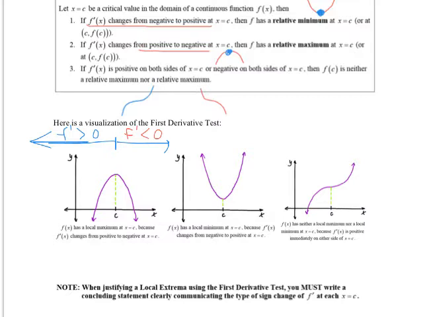We get the same scenario here, where on one side f prime is negative, our function is decreasing, and on the other side our function is increasing. So we get our local minimum there. And finally, this one is increasing to increasing, so our point there is neither a maximum nor a minimum.